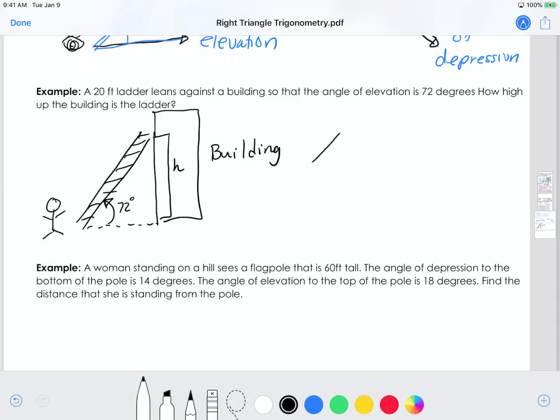So if we break this down into a triangle, it says the ladder is 20 feet. So this length right here, which is the hypotenuse, is 20 feet. We're looking for the height that the ladder reaches up the side of the building, and we know that this is 72 degrees. If we're looking at 72 degrees, we have the opposite side that we're dealing with, and we have the hypotenuse.